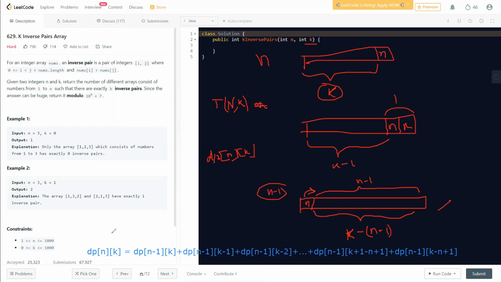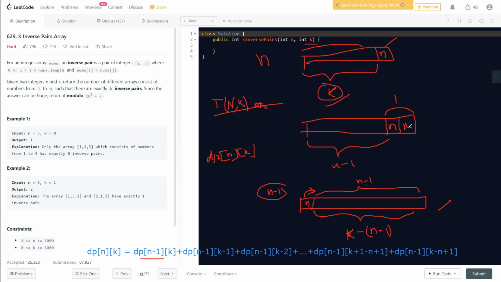We are finding arrays of 1 to n with k inverse pairs, and that's the whole question initially. In this case, we need k inverse pairs from n minus one elements.